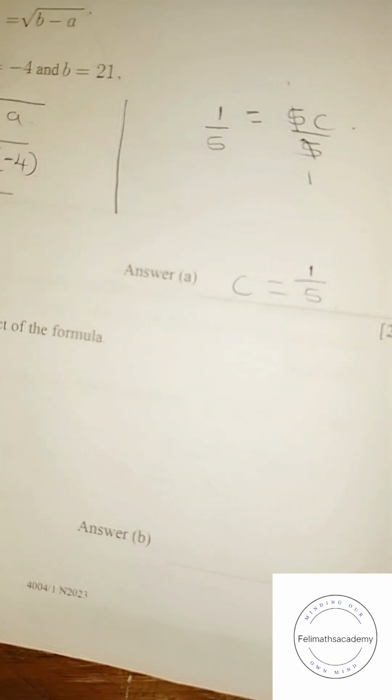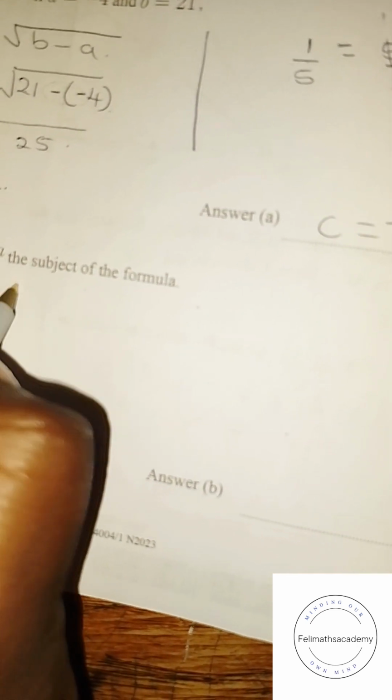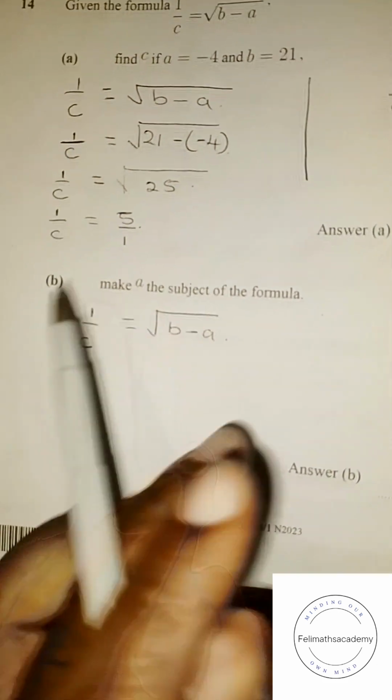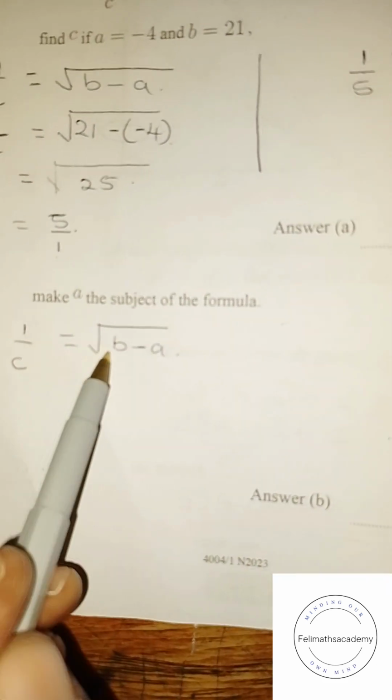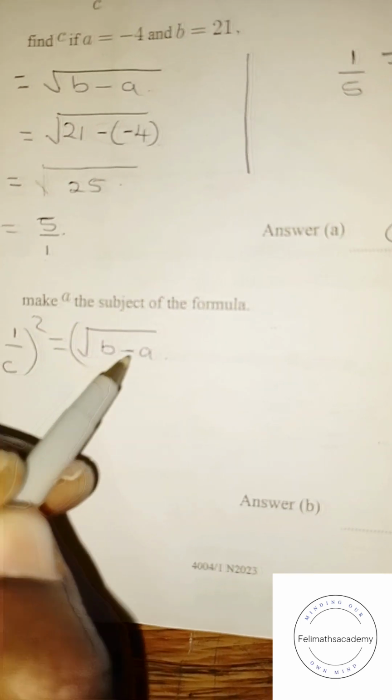Right. Make A the subject of the formula. We have our formula 1 over C is equal to the square root of B minus A. First of all, we remove that square root. To remove the square root, we square both sides.